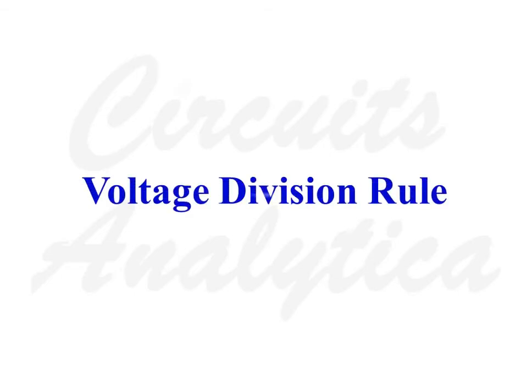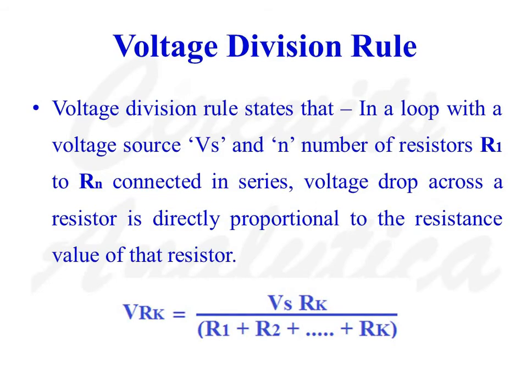Now let us apply KVL to find the voltage drop across an element in a loop, that is the voltage division rule. So voltage division rule is an application of KVL.